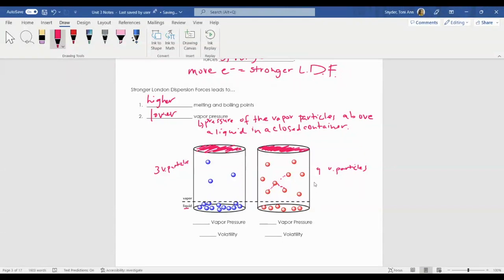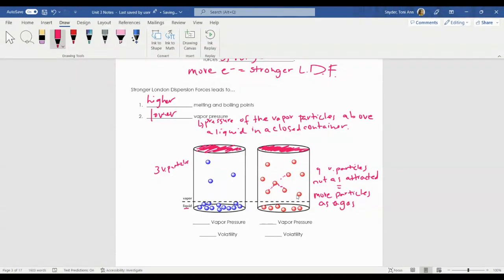So your liquid particles are not as attracted to one another, which leads to more particles existing as a gas.